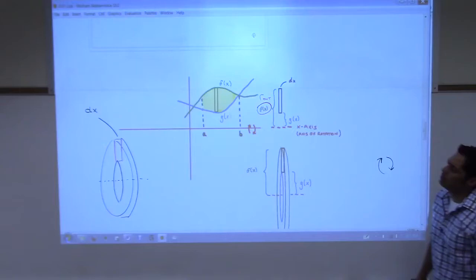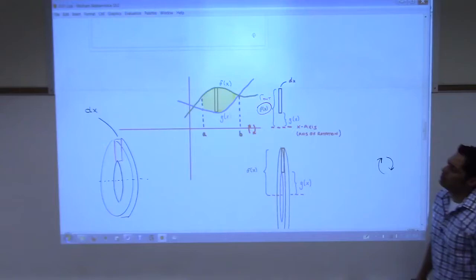All right, so let me try and give you some visual idea of what's going on here. Last class, our study of areas told us that if we wanted the area of this shaded region, the area would be equal to, in this particular case, these are both functions of x, right?